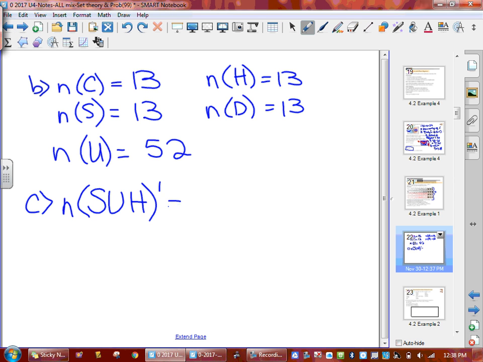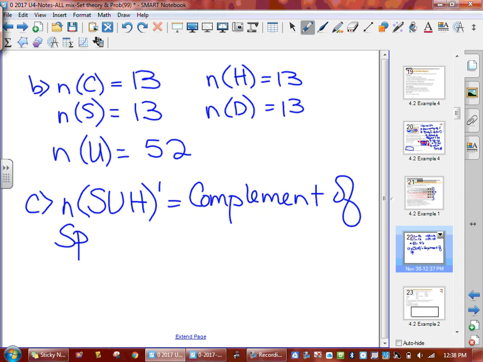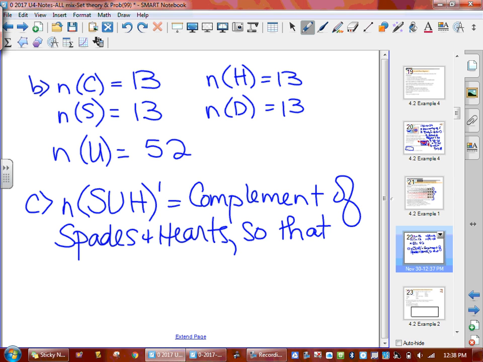The complement to spades and hearts would be clubs and diamonds. So we could write it as D-U-C, diamonds or clubs, or you could have put C-U-D, clubs or diamonds.